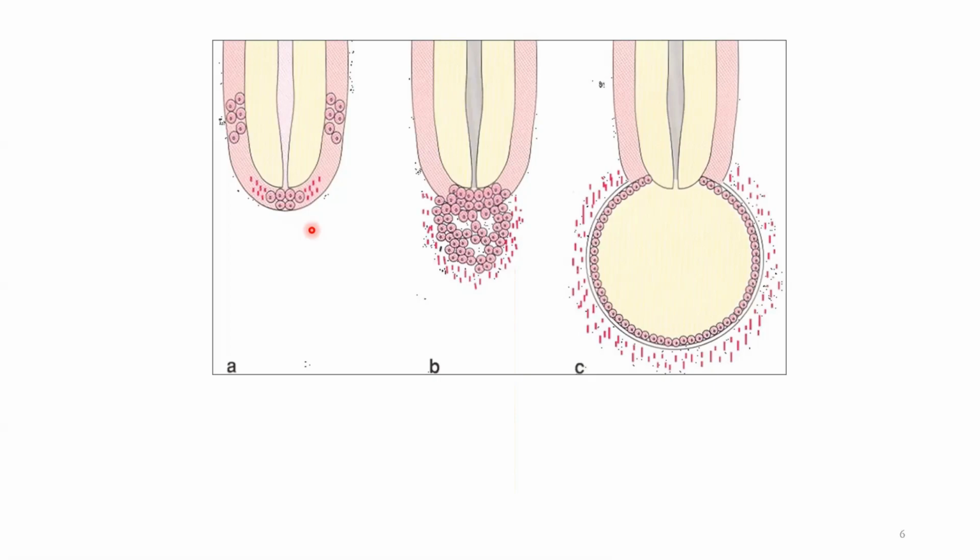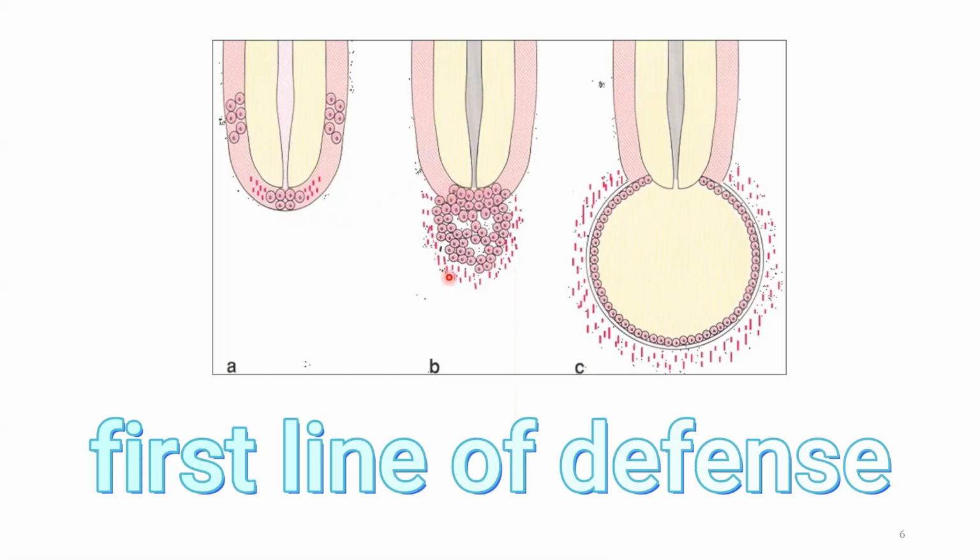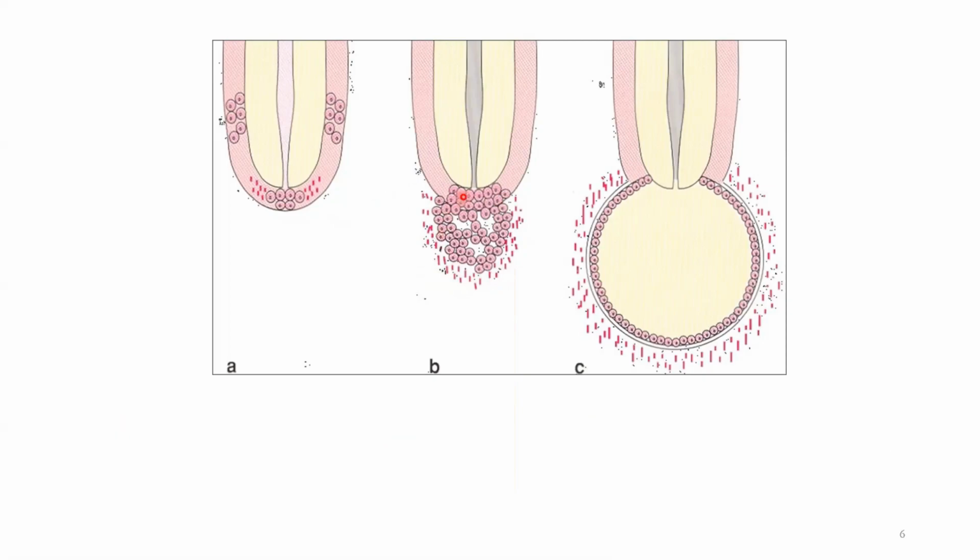Now we will continue. These cell rests proliferate to form a granuloma, which is a sphere of cells composed of a lot of blood vessels, fibroblasts and inflammatory cells, which acts as the first line of defense against the toxins reaching the apex of the tooth.